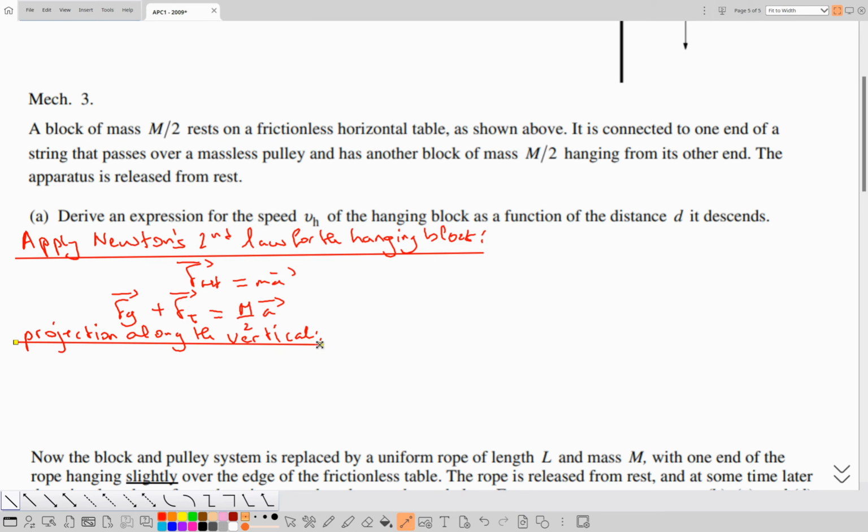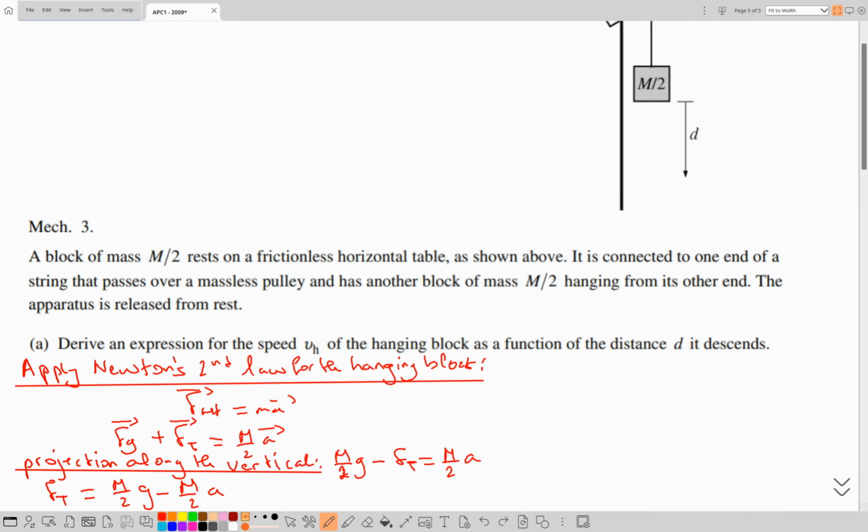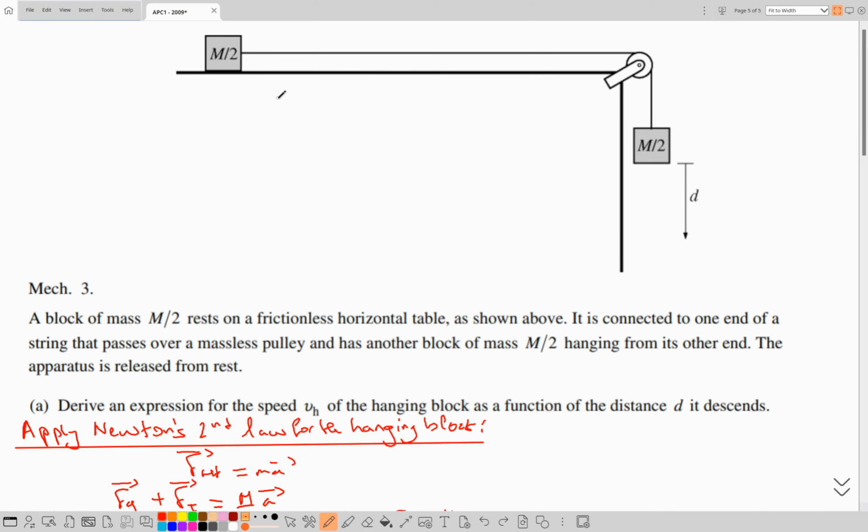The positive direction is taken to be down because it's accelerating down, so that would be m over 2 g minus the tension is equal to m over 2 multiplied by a, and in this case the tension is expressed as m over 2 multiplied by g minus m over 2 multiplied by a. Now in order to determine the acceleration, we need again to apply Newton's second law for the block on the table, and we need to project.